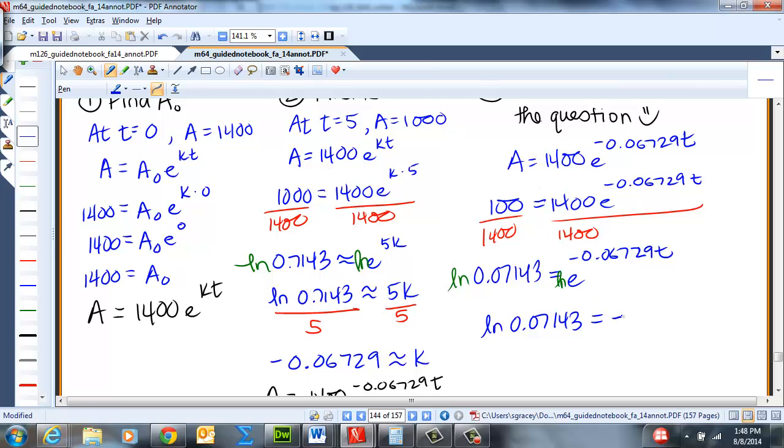Is equal to negative 0.06729 times t. And so now we divide both sides by negative 0.06729.